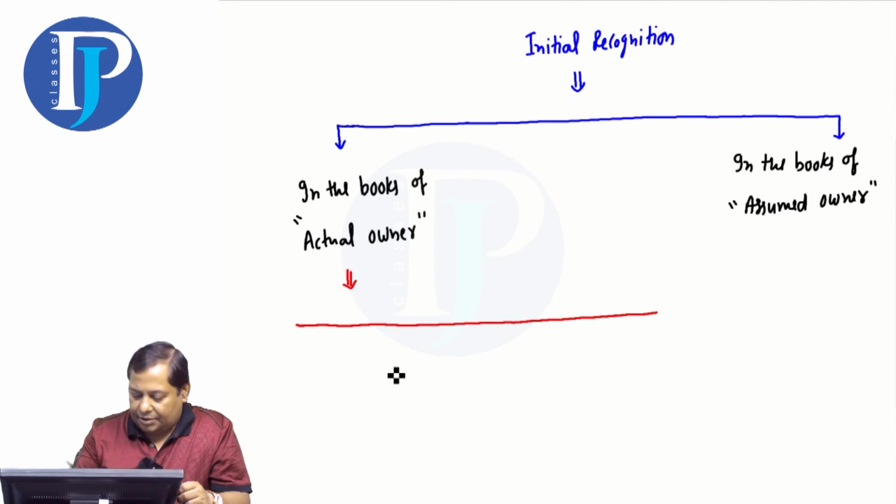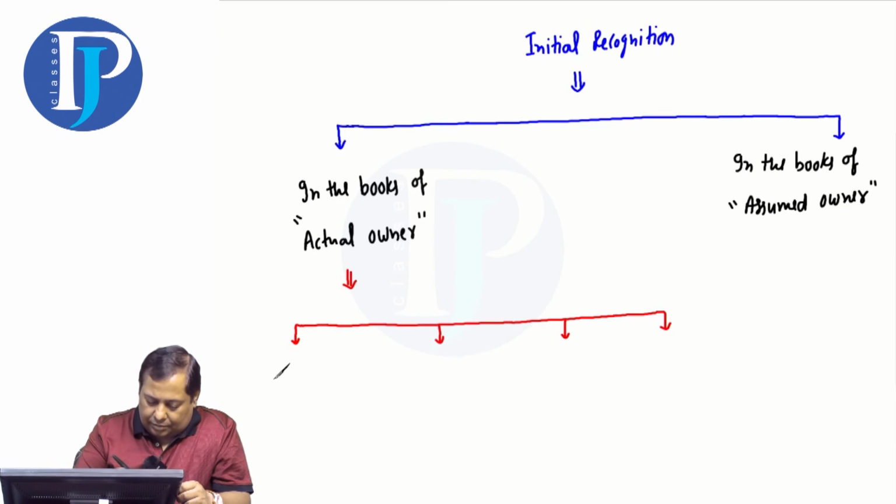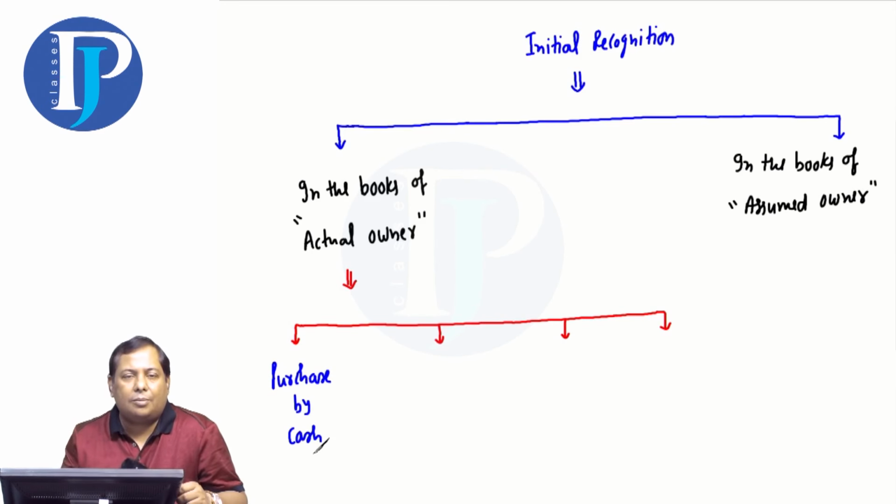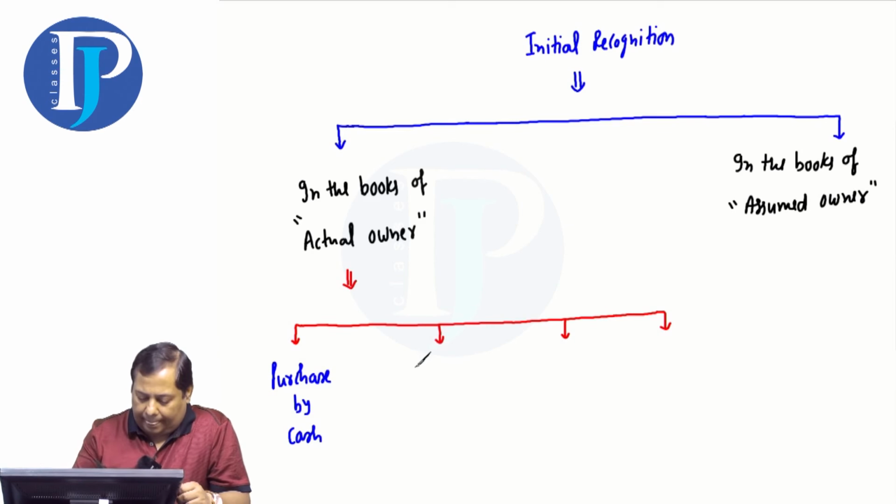It can be purchased in 4 ways. 1, 2, 3, 4. Purchase by cash. If you are buying a property, you will have to make a payment even in cash.